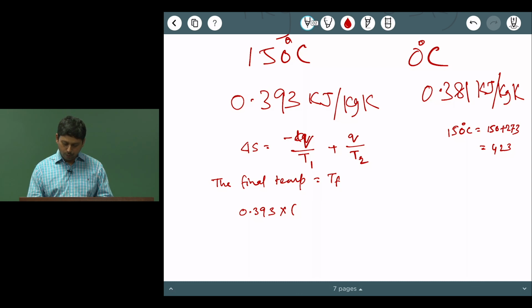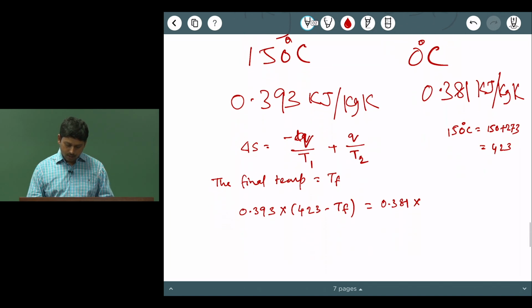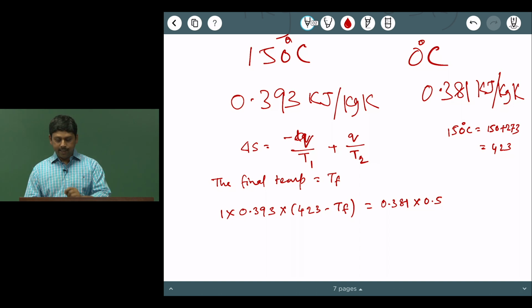So, 0.393 into 423 minus Tf is equal to the heat gain for the low temperature system, which is kept at 0.381 in the specific heat, of course. Oh, there is a mass associated with that also. So, this system is 1 kg and this is only 0.5 kg. So, what is the formula of q? Q is mass into specific heat into delta T, the change in temperature.